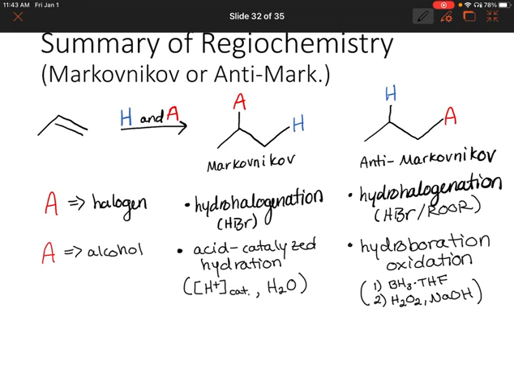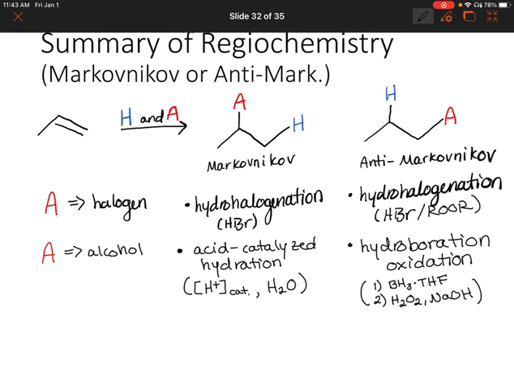Okay. Now, last but not least, what if we want to add an alcohol and we want to use Markovnikov addition, so we want OH to end up on the more substituted carbon, but we're trying to avoid rearrangement.